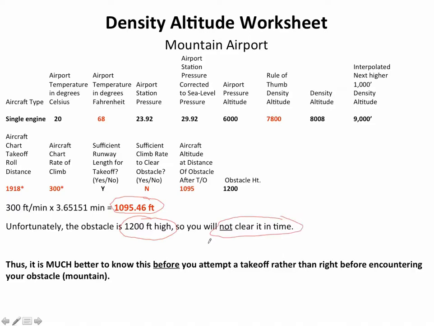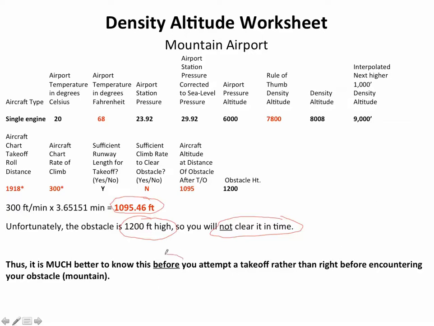And that's the whole purpose of this entire collaboration with your colleagues, and that is to understand the impact of what's going on in the atmosphere in terms of temperature and pressure and density to determine what the characteristics of the flight are going to be.